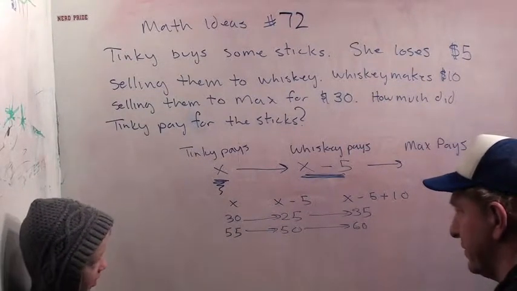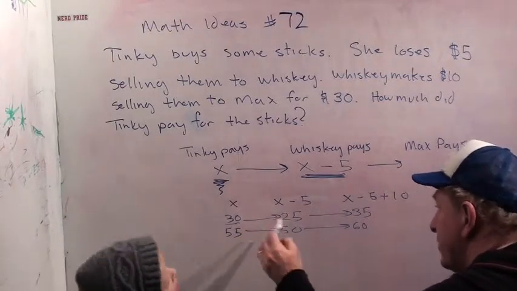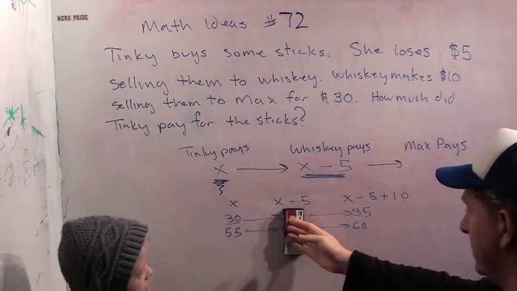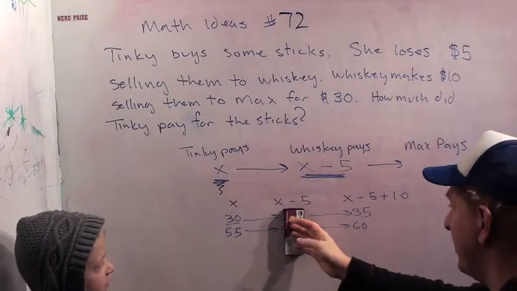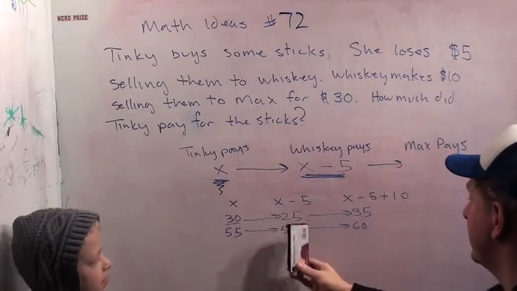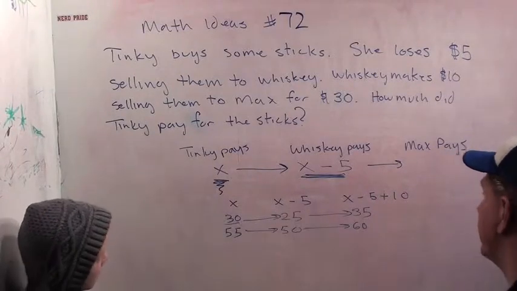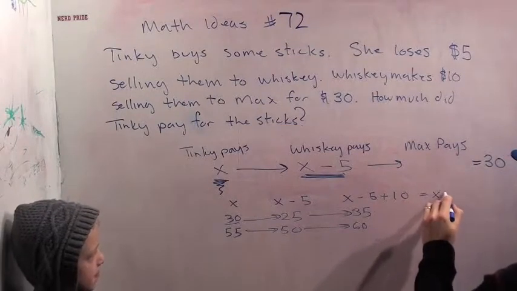We subtract 5 and add 10. Right. So how do we get just from 30 to 35, pretending there's nothing in the middle? You just add 5. How do we get from 55 to 60? You add 5. So it looks like X minus 5 plus 10 is the same thing as X plus 5.